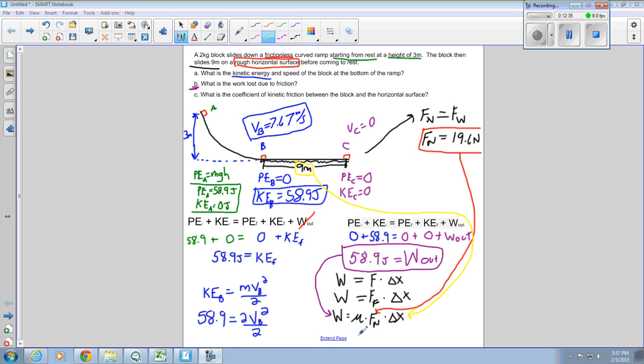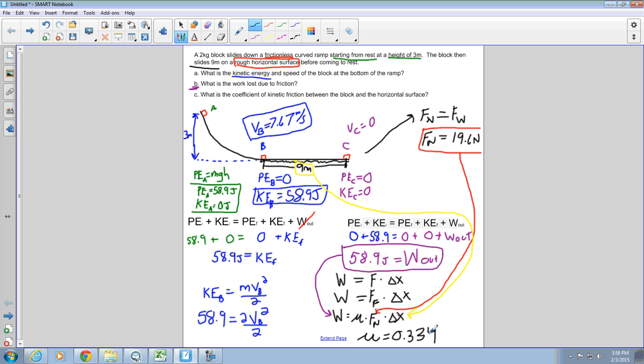Plug in those numbers, solve for your coefficient of friction. Coefficient of friction is going to equal 0.334, the coefficient of kinetic friction.